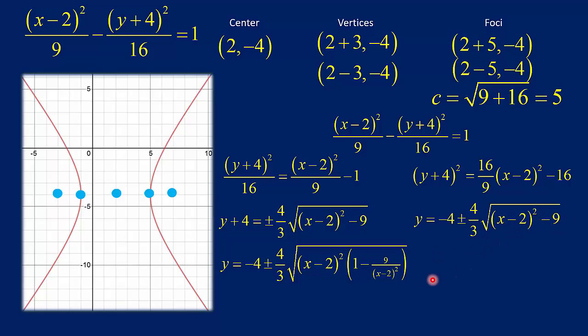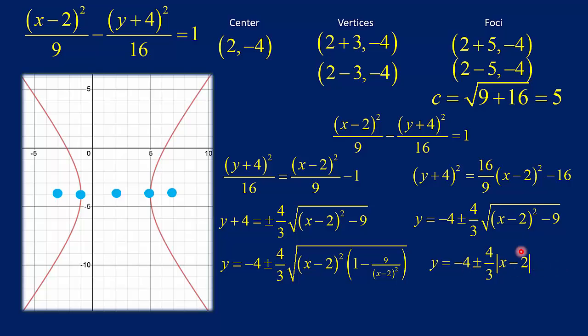But the reason I did this is because, remember, we're saying, well, what happens as x goes to infinity? Positive infinity or negative infinity? Well, look what happens. This term right here goes to 0 because I've got 9 over this growing thing. This down here gets huge. So what I'm left with is just the square root of (x - 2) squared, which is the absolute value of x - 2.